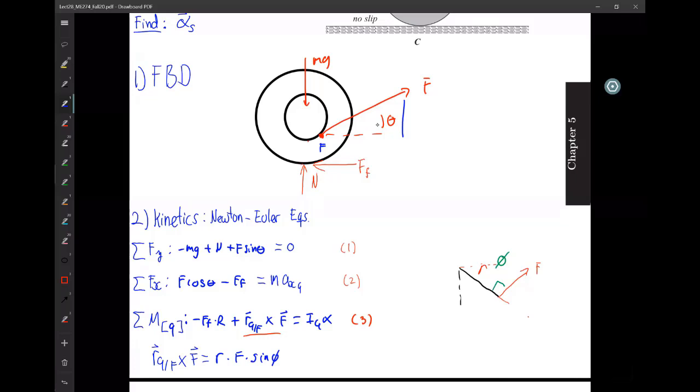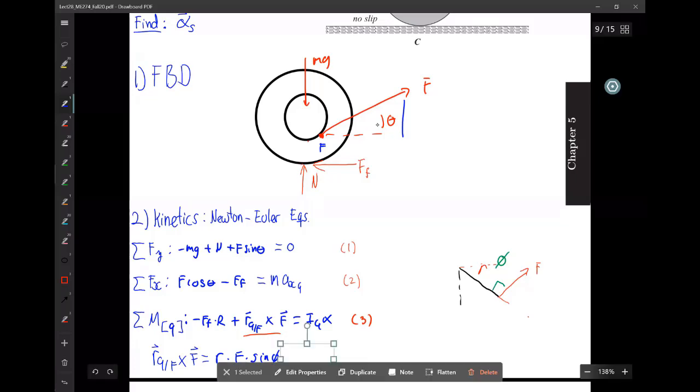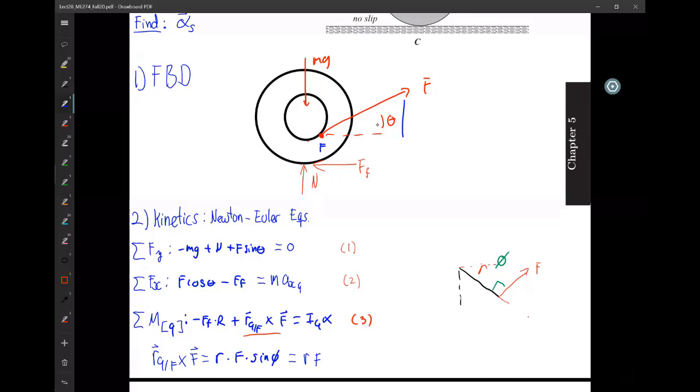What did we say the angle was? 90. So sine of 90 is 1. So with this I remove all the complexity of the geometry by using cross products. This is why mathematics is powerful.